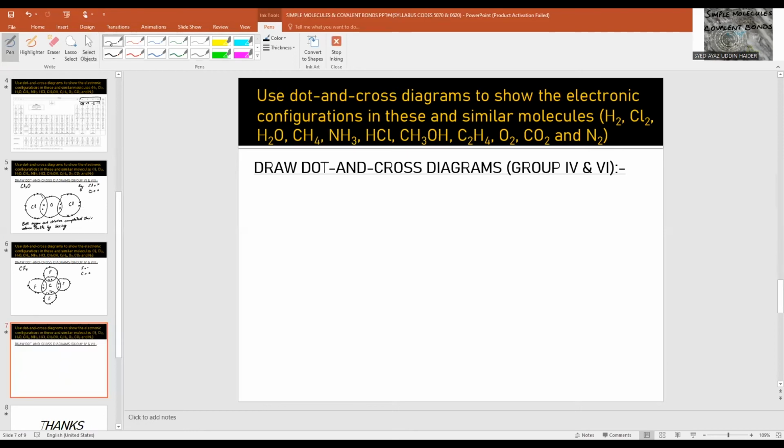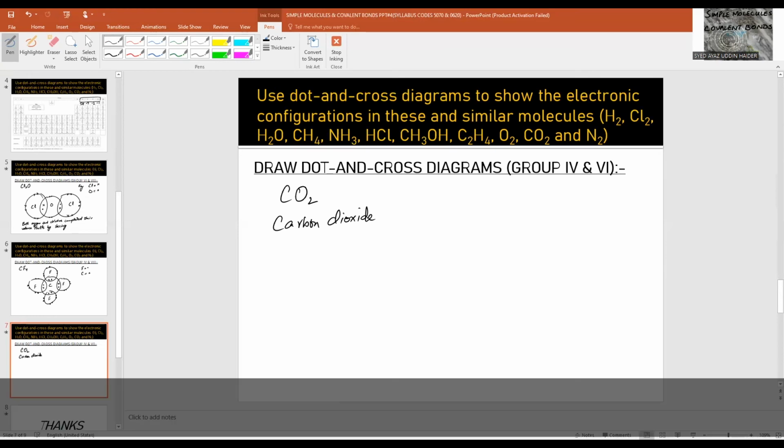We know the formula. It's CO2. CO2 is carbon dioxide. It means that there will be 1 carbon and 2 oxygen atoms. A carbon atom contains 4 valence electrons, which means it needs 4 electrons to complete its valence shell, while an oxygen atom has 6, and each oxygen atom needs 2 electrons to complete its valence shell.